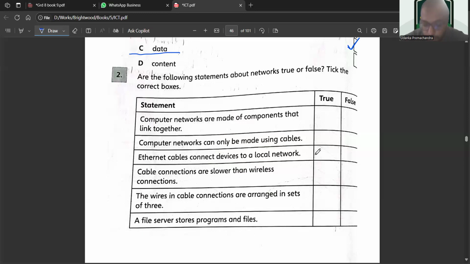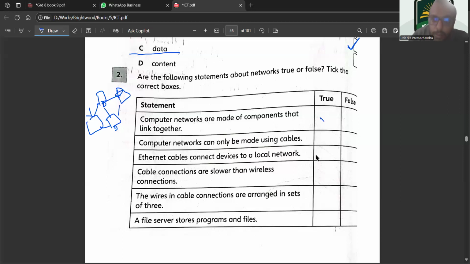What can you say? Here, computer networks are made of components that link together. Yes, that's correct. Do you remember I said there is a combination of computers, printers, routers, all combined together, telling us what?